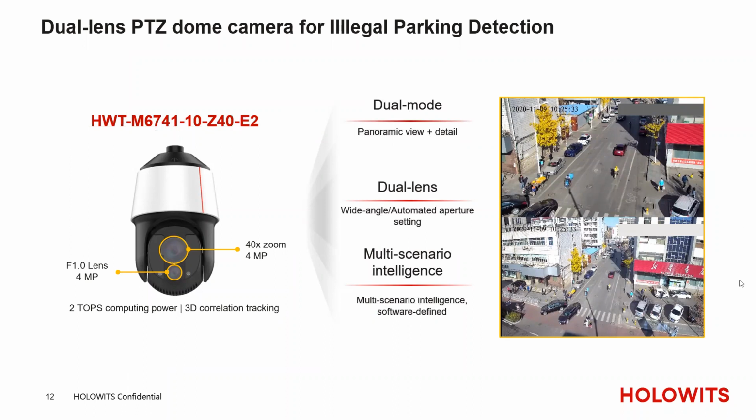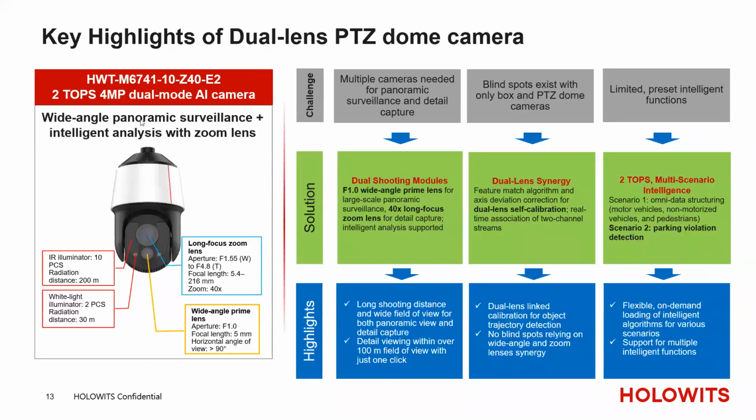You can see this is two images. You can see the whole picture. Then you can also zoom in and zoom out to see the details of the pictures. So this is the dual lens, wide angle, and automatic aperture settings, and also has the multi-scenario intelligence. This is the key highlight of the dual lens PTZ dome cameras.